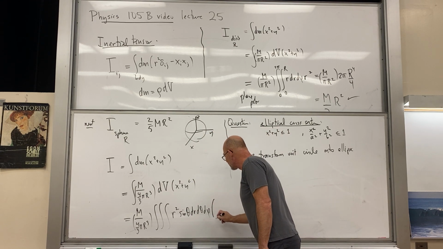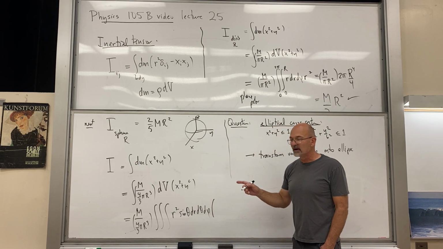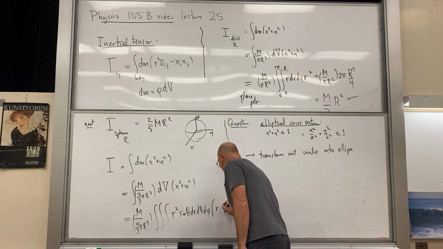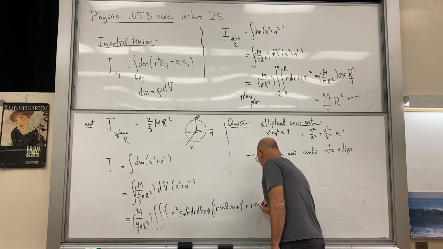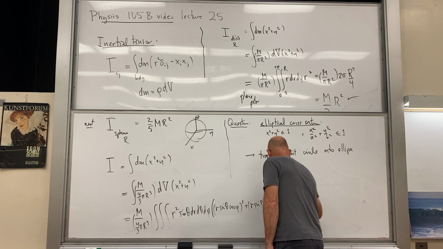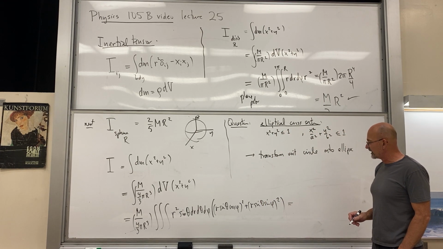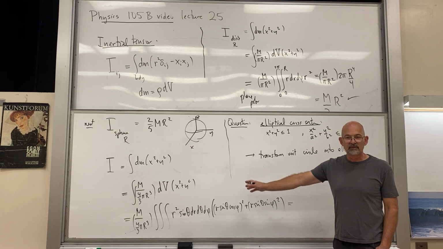And then the x squared plus y squared, we have to remember what our x and y are in spherical polar coordinates. We have r sine theta cos phi squared plus r sine theta sine phi squared. And I'm going to take it one more step and let you guys do the very end of it.